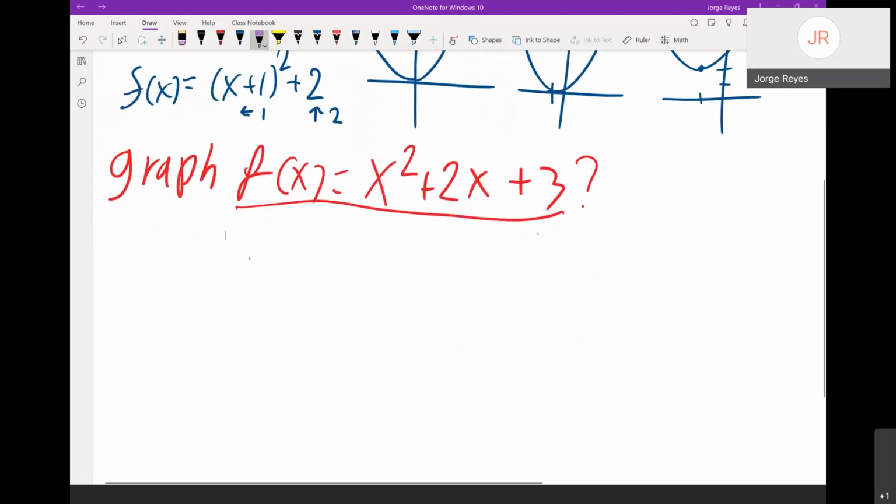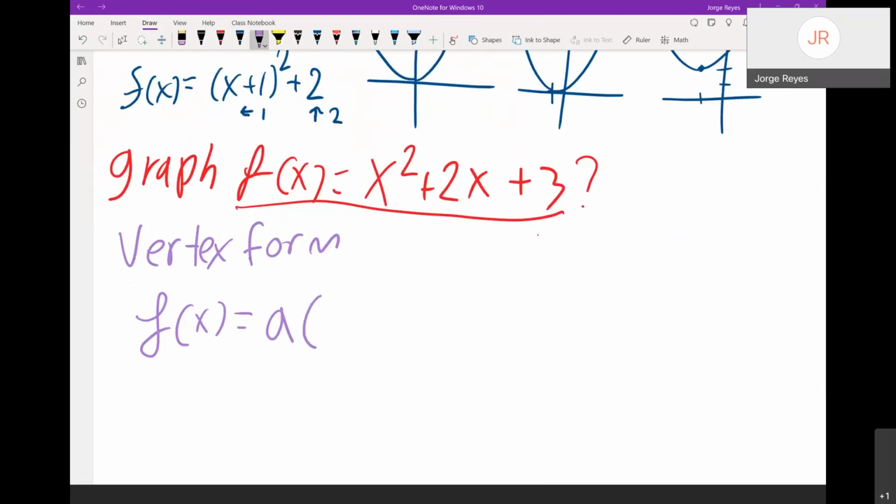So here's where I'm going to introduce something that I call vertex form. Okay, and it's basically the form that we know how to graph. So I'm going to put an a here, (x minus h) squared plus k. And if you notice, I have an (h, k) kind of like the circle, except this time (h, k) is the vertex.